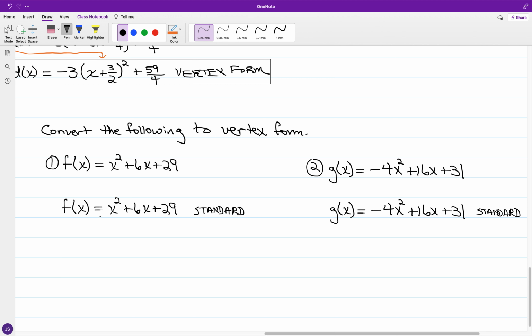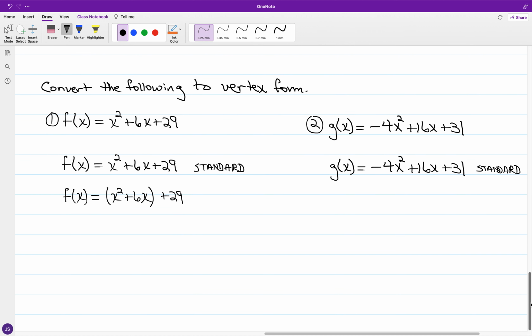And if we look into f of x is equal to x squared plus 6x plus 29, we separate the variable terms apart from the constant. So you have f of x equals the quantity x squared plus 6x, followed by 29.